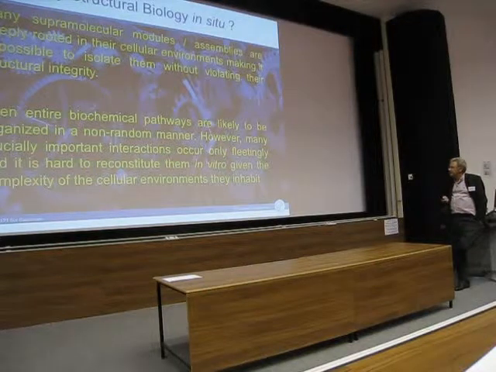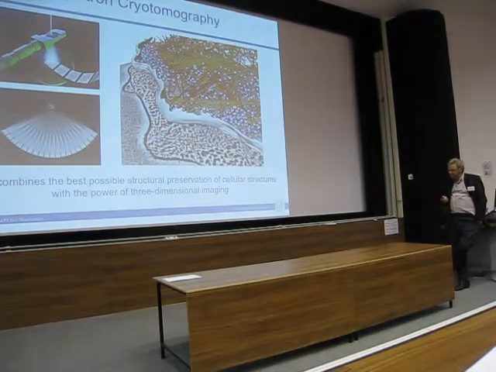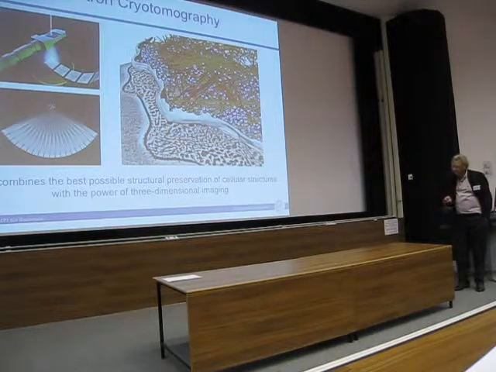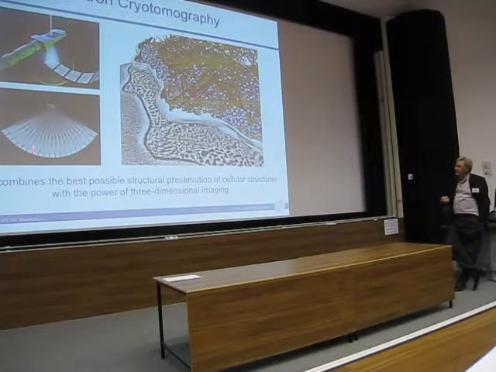So I think there's quite an incentive to be able to do structural studies not in this reductionist approach, but in an intact cellular context. And that was exactly the motivation for developing cryo-electron tomography, because here the data acquisition is more complex.